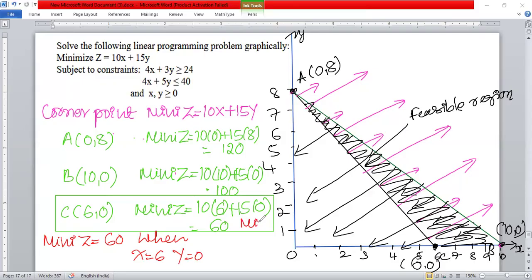This is the minimum. So this is the second problem. And we'll move on to model 3.